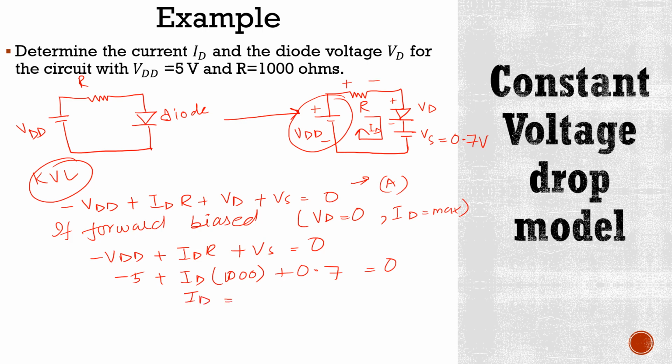ID is equal to (5 minus 0.7) divided by 1000, which is 4.3 milliampere. So this is the value of the diode current.